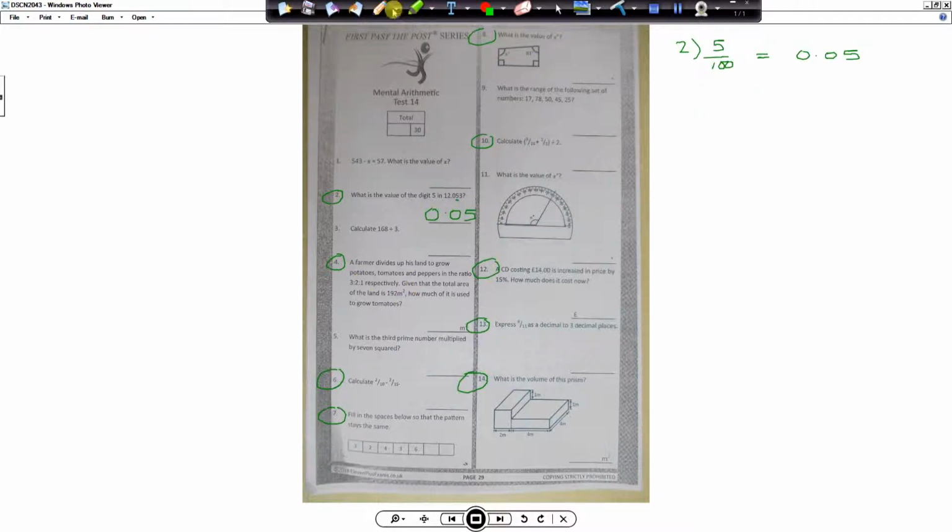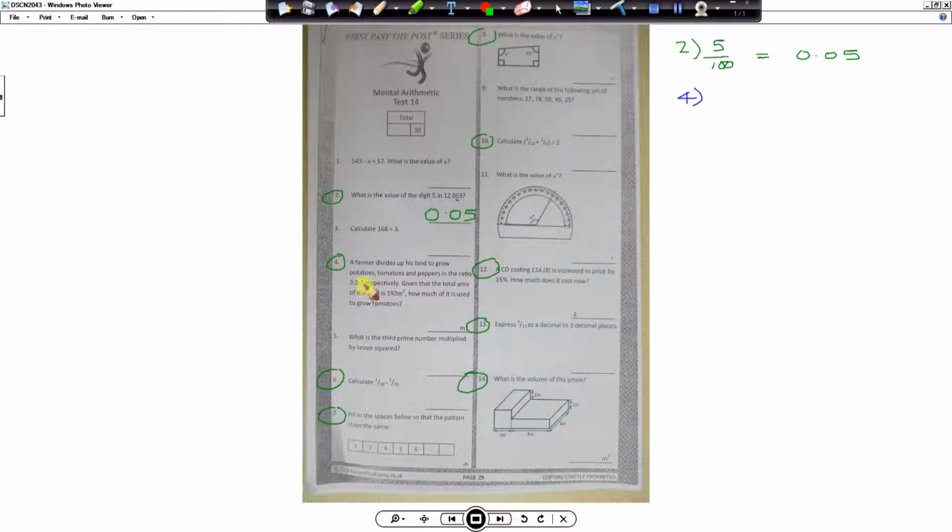Number 4. A farmer divides up his land to grow potatoes, tomatoes, and peppers in the ratio 3:1, respectively. Given that the total area of the land is 192, how much of it is used to grow tomatoes? Potatoes is first, tomatoes is second.